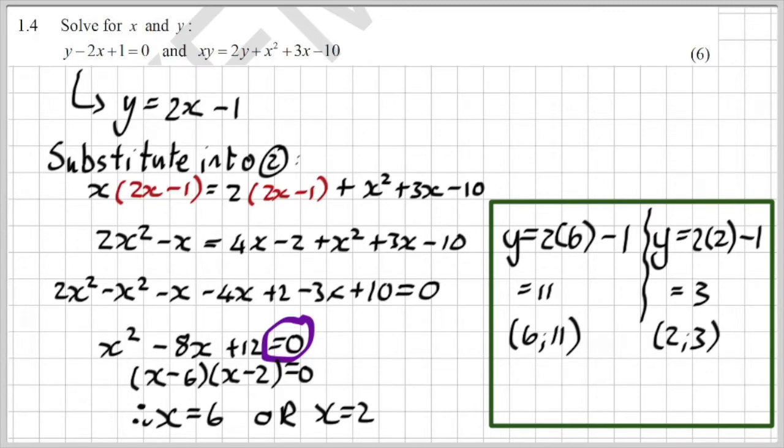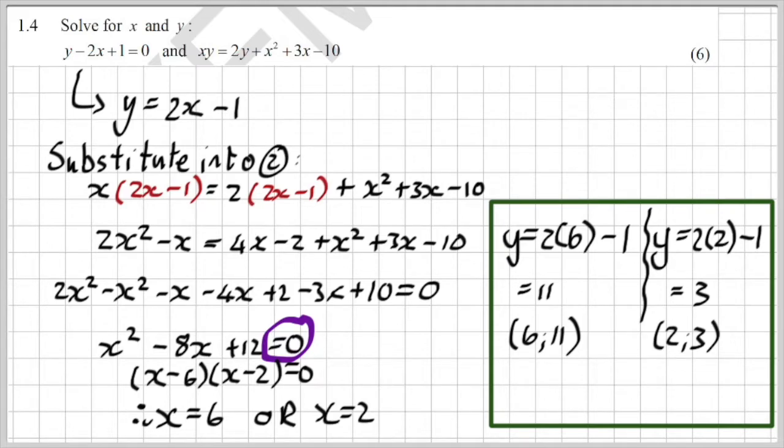This means, ladies and gents, that you have the solutions where two graphs are equal to each other. That is a very, very important thing for you to understand. That's why we do simultaneous equations. It's where two graphs intersect one another.